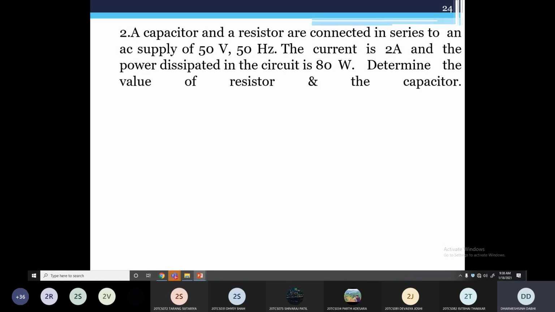Now all of you calculate this one. I ask randomly anyone. I give you 5 minutes, all of you, to calculate this sum. First of all, write down the given data.